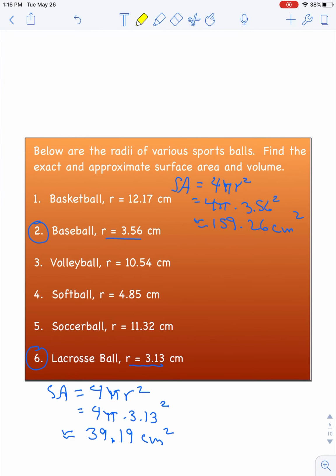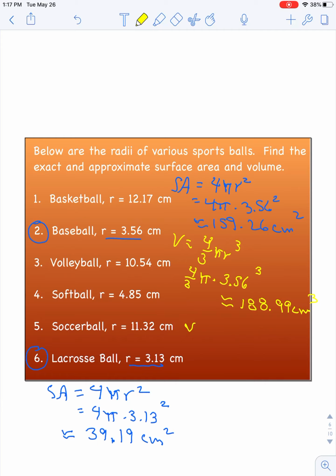So let's take a look at volume. The volume of the baseball would be 4/3 pi r cubed. So we have 4/3 pi times 3.56 cubed, which calculated would be approximately 188.99 centimeters cubed.